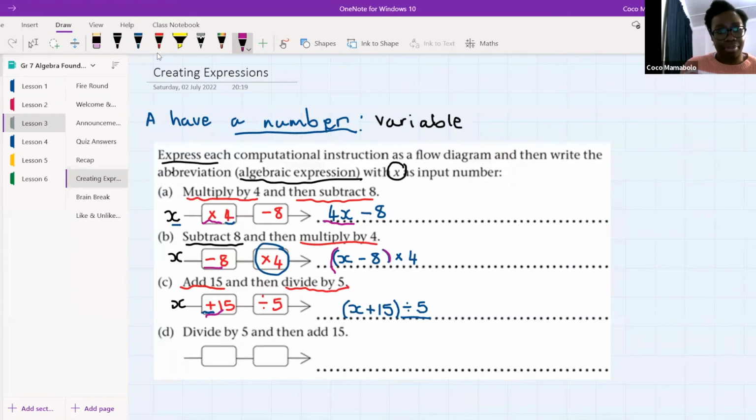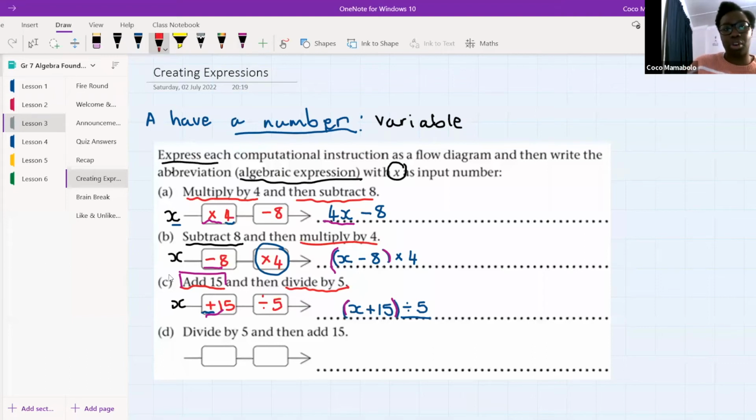The reason for that is because the rule starts with addition, and in order for us to do it right, we need BODMAS because we start with brackets. Yes, Nelisa is absolutely right. Nelisa in the chat says, ma'am, do you put the bracket when it's a multiplication or a divide? Yes, but that's because the minus and the plus come first.